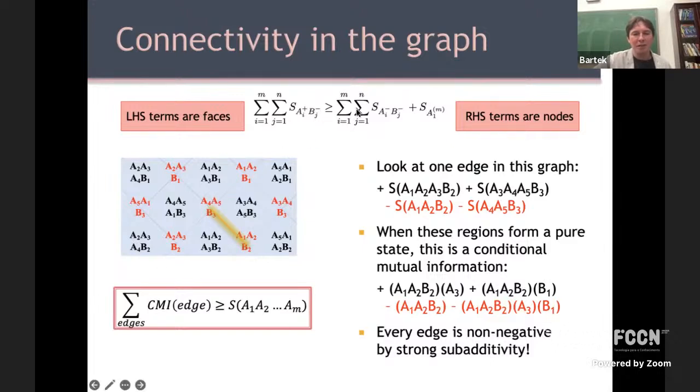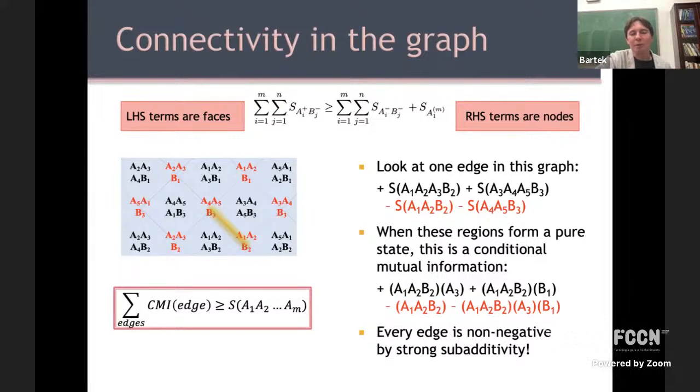So I could combine all of the terms that live in the sums, and say that's a sum of some conditional mutual informations greater than or equal to 0. Now, crucially, my inequality has an extra term that was just asked about. And that extra term is there on the right-hand side. It's an improvement over strong subadditivity. And this improvement is only there because we assume the Ryu-Takayanagi proposal.